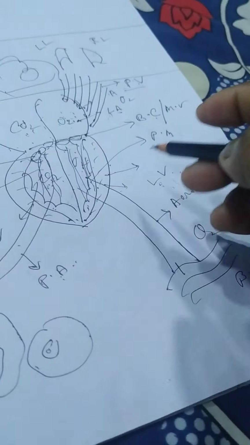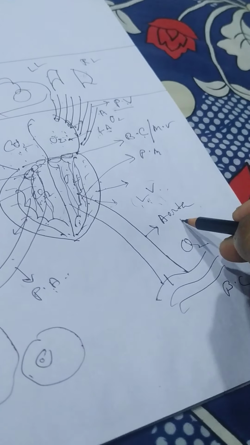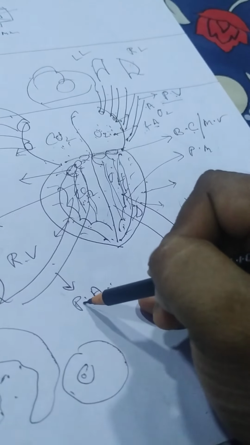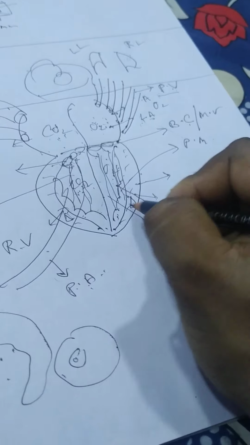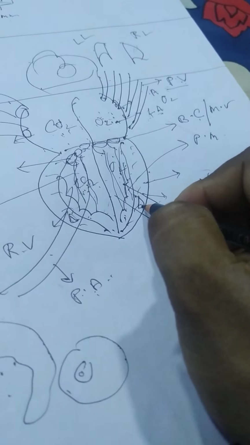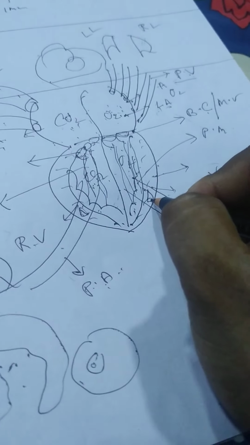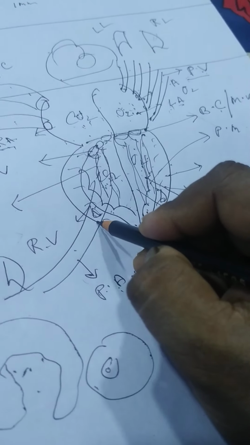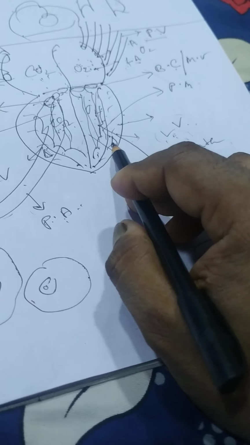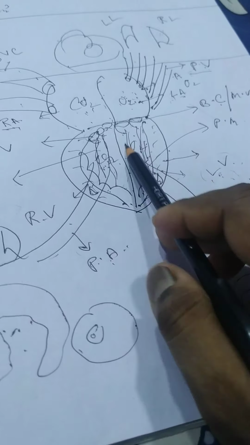At the joining of the left ventricle and aorta, and the right ventricle and pulmonary artery, two semilunar valves are situated. Semilunar means half moon, like a half moon valve. These semilunar valves open upward, while the bicuspid and tricuspid valves open downwards.